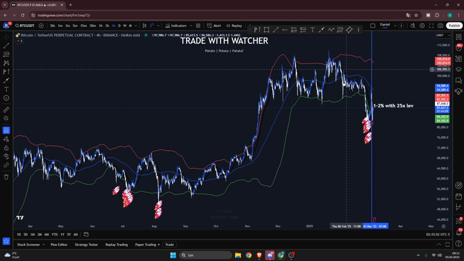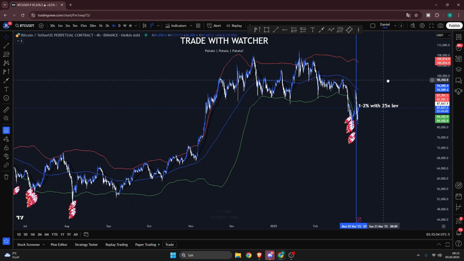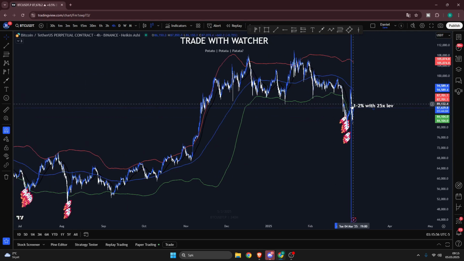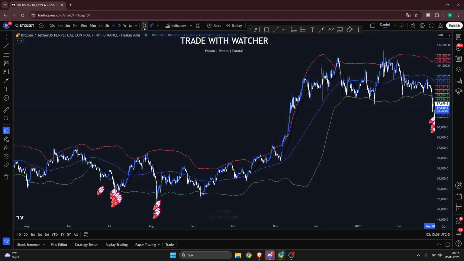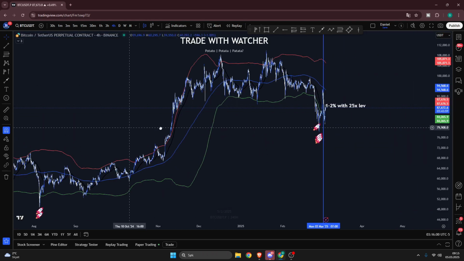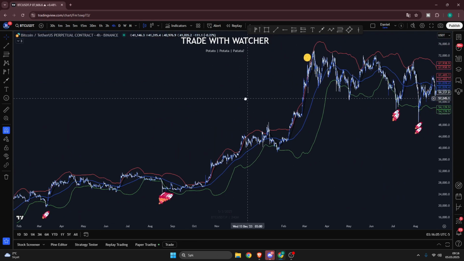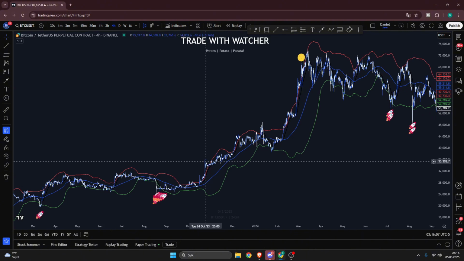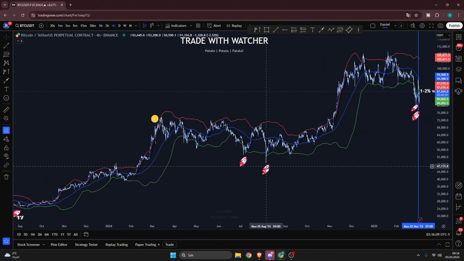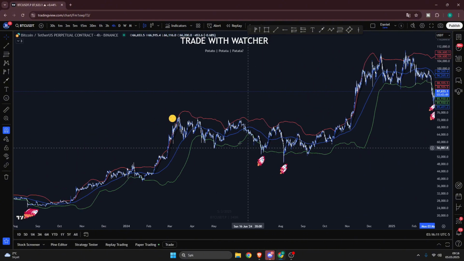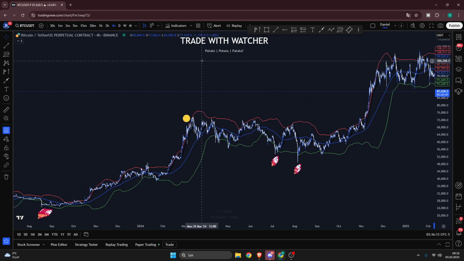I would just basically wait for a moon to happen on BTC before I do anything, right? So I mean, this is the correct one. Yes, there we go. I had Heikin-Ashi candles on, and Heikin-Ashi will also give you a little bit more rockets than normal candles in here.